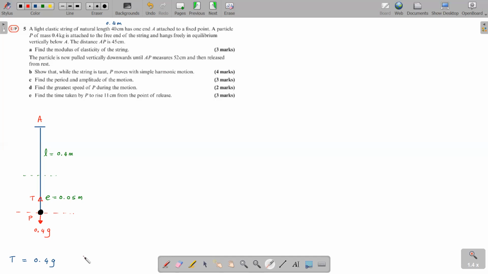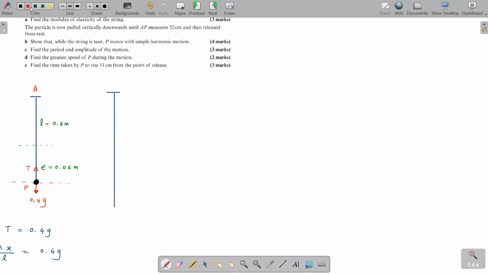Guys, are you with me? So if you're pulling 7 centimeters, yeah, 0.07 meters, you're pulling it down below the equilibrium position, it means that is the amplitude. So let's draw another diagram now for the amplitude. Remember when I'm marking the diagram, I will be marking the object in a general place.